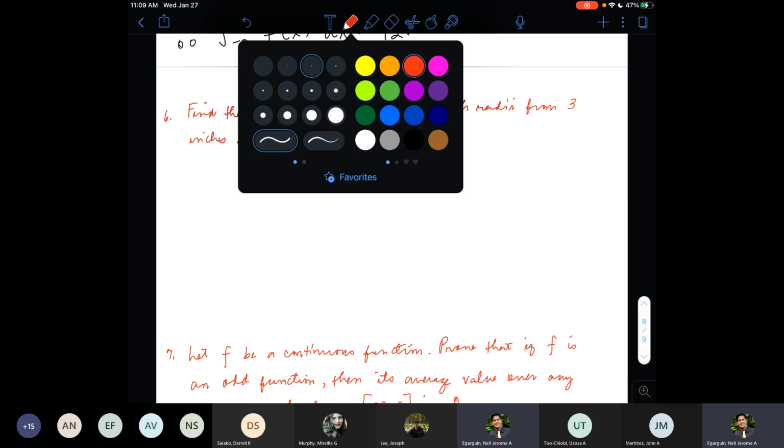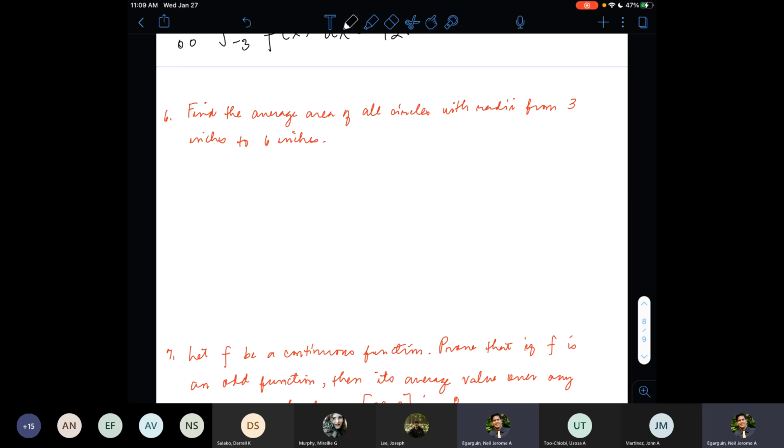So here, what do you think would be the function f? We know that we need to find the average value, right? But what would be the function f? Any idea? What would be the function f which we want to get the average value of? Daryl, you're correct.